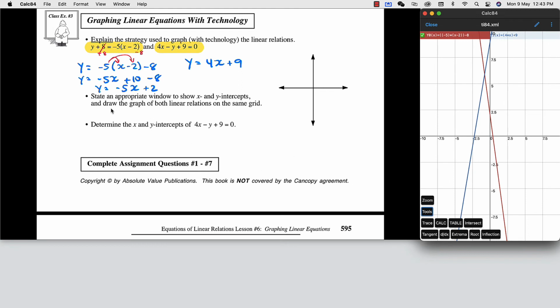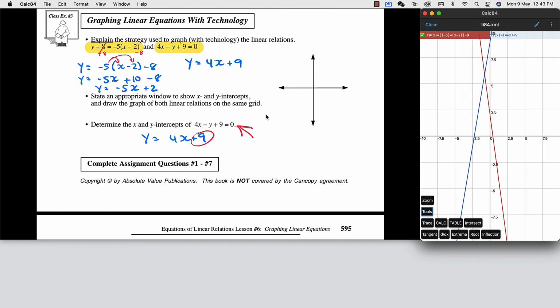Okay, so now it says determine the x and y-intercepts of that line. Okay, so I have y equals 4x plus 9. Well, the y-intercept's easy because it's just that b value right there, if I put it into that format. But remember, I could just use the equation like it was originally given to us in the general form there, and to figure out the y-intercept, I replace x with 0, and to figure out the x-intercept, I replace y with 0.